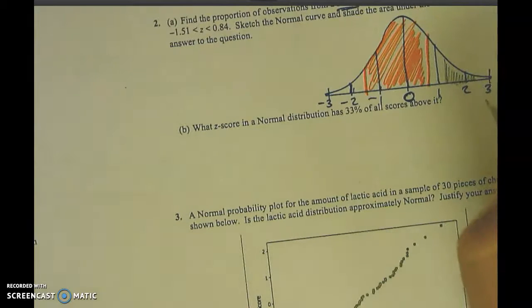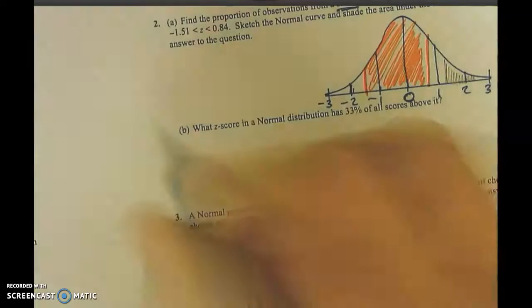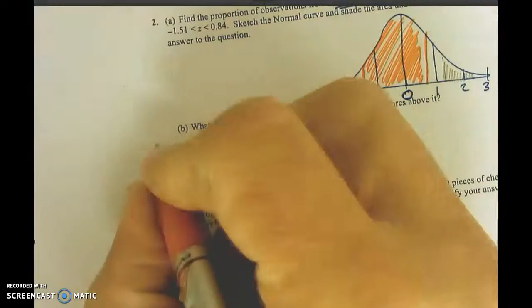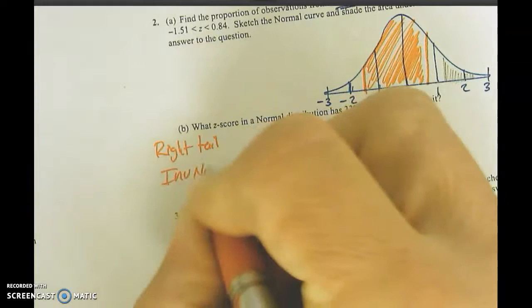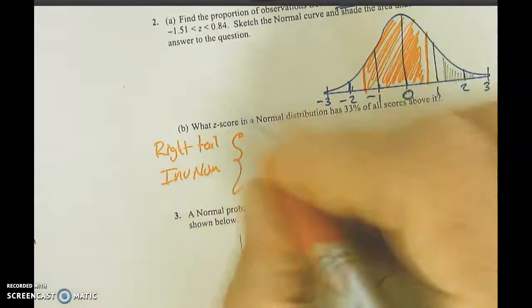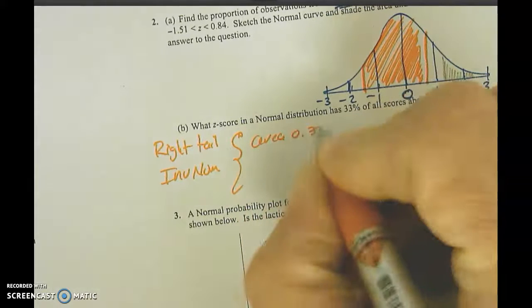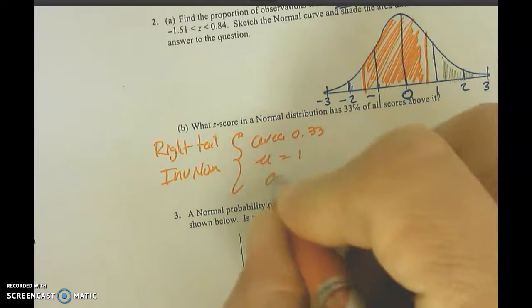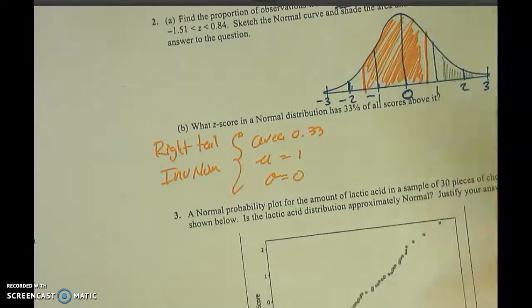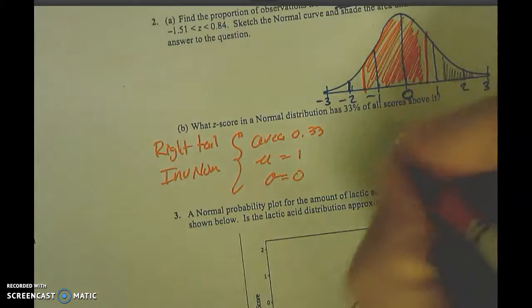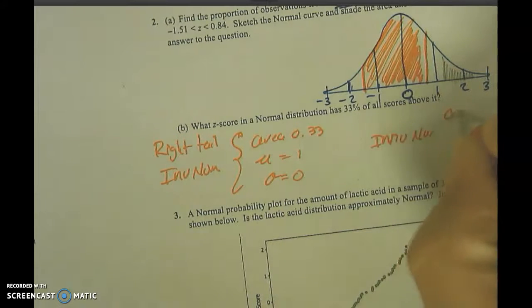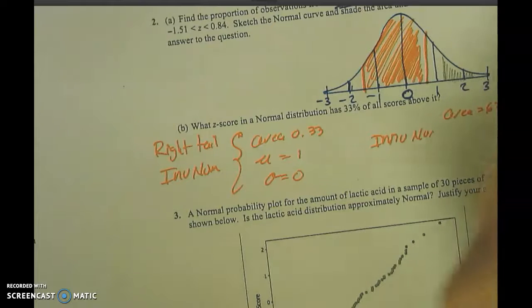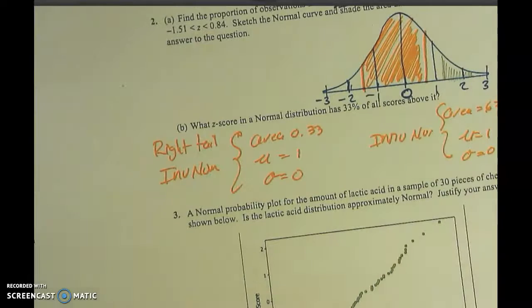If your calculator actually has the right tail test, when you do that inverse norm you can just do the area as 0.33. The mean is going to be 0, standard deviation is 1. But if you don't, like my calculator, I can't do it. So I have to change my inverse norm. My area's got to be 0.67. The mean's got to be 0, and the standard deviation's got to be 1. Okay? That's just something I have to do.